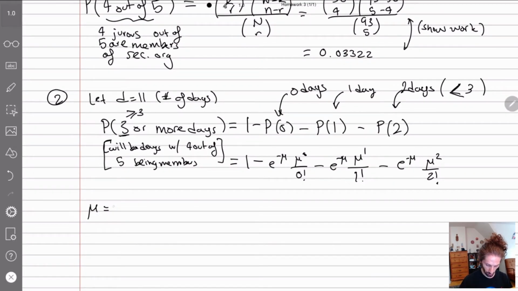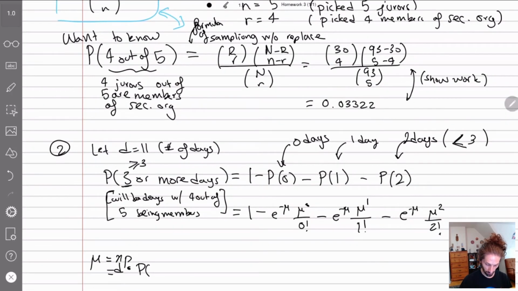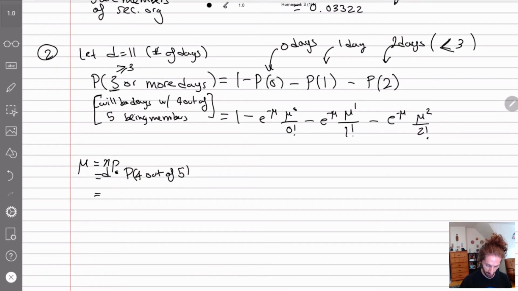Mu is equal to n times p, normally, which in our case is equal to d times the probability of the above, 4 out of 5. This is how we wrote our probability, 4 out of 5. So in other words, d is equal to 11, 11 times my probability.